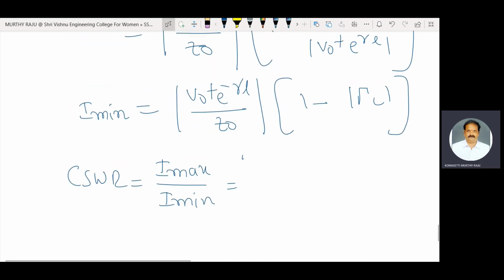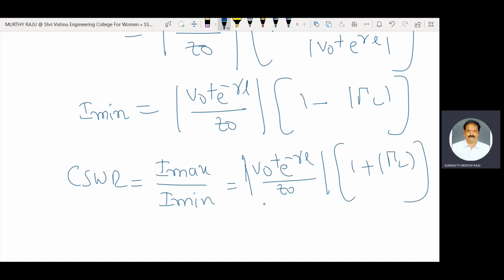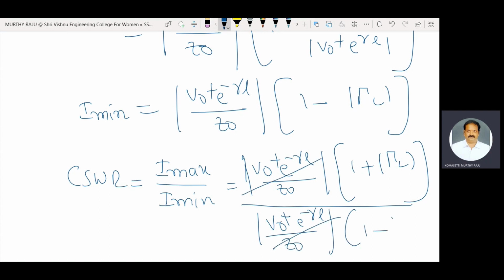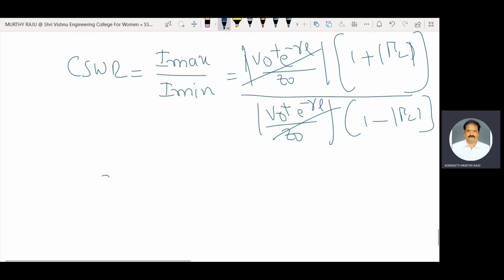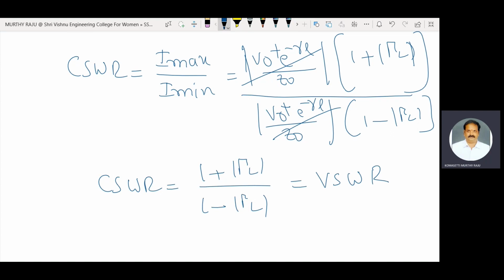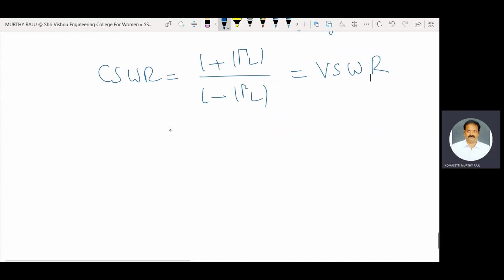I maximum is mod V0 plus e power minus gamma L by Z naught times 1 plus mod tau L, by V0 plus e power minus gamma L by Z naught times 1 minus mod tau L. Therefore, current standing wave ratio is equal to 1 plus mod tau L by 1 minus mod tau L, which is the same as the voltage standing wave ratio. With this, the analysis is complete.